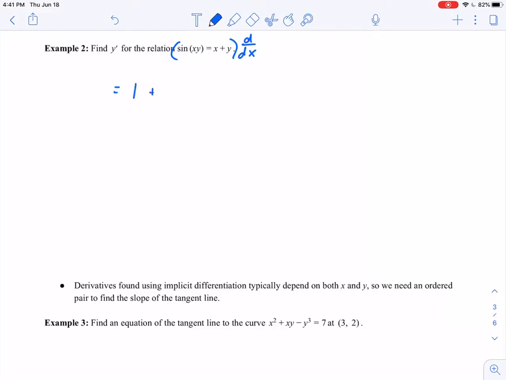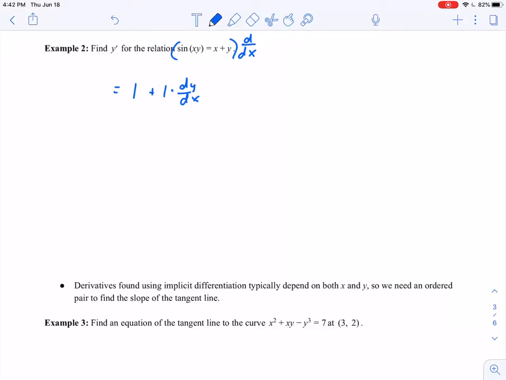Derivative of y would be 1 times the derivative of y as a function of x, so times dy over dx, or you can use y prime, whatever your preferred notation is, because remember we have f of u times u prime. We're using the chain rule here every single time. I think I'm going to use dy dx though, so times dy dx.